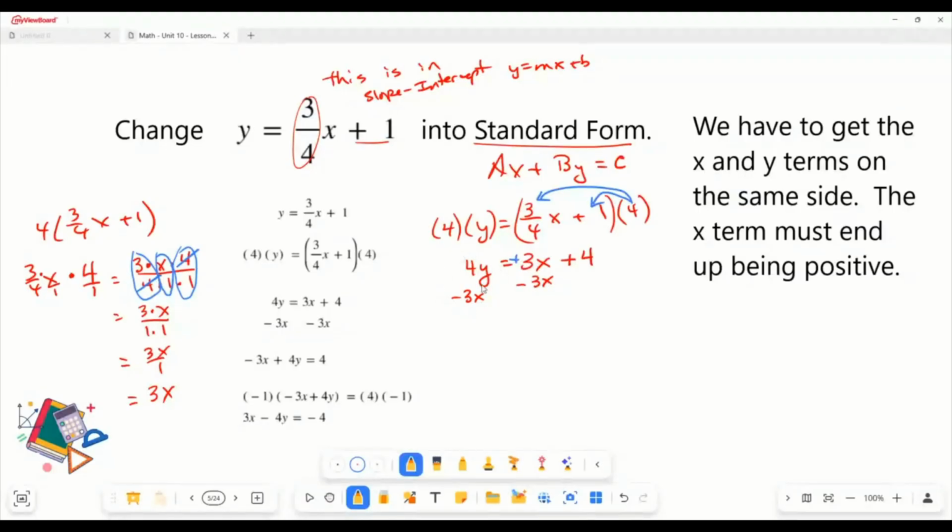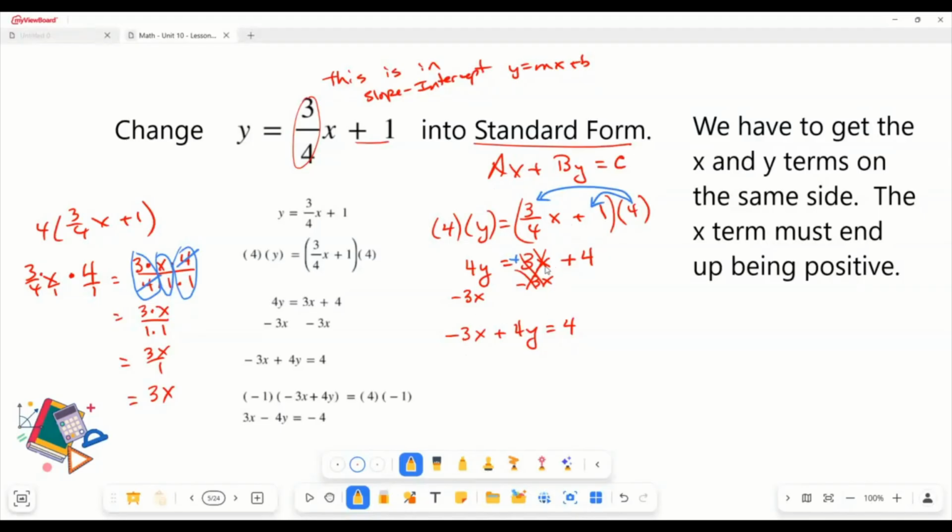This doesn't combine. I can't put any of that together. So all of this becomes negative 3x plus 4y. Over here, those add up to 0, and I'm left with 4. So we got rid of the fraction.